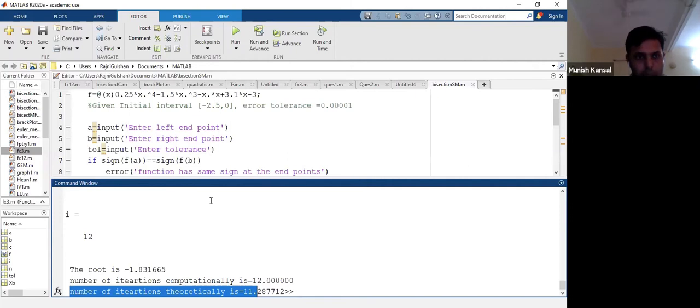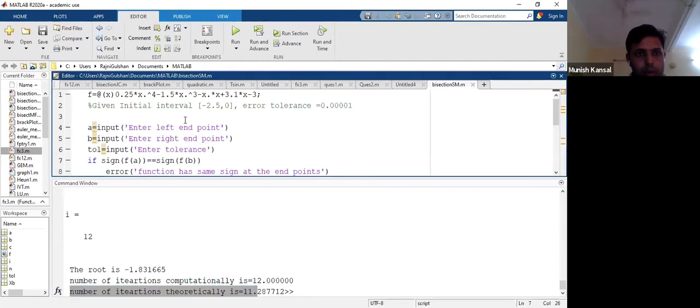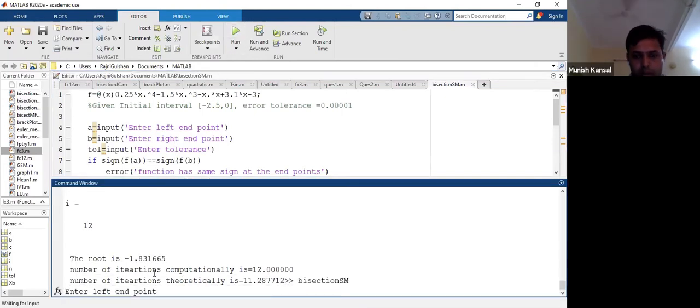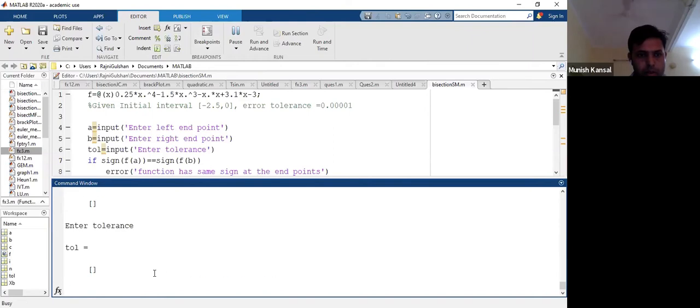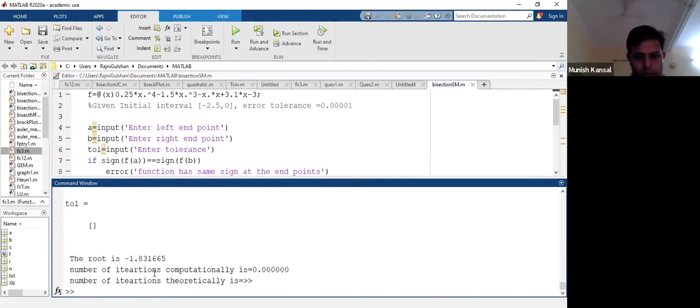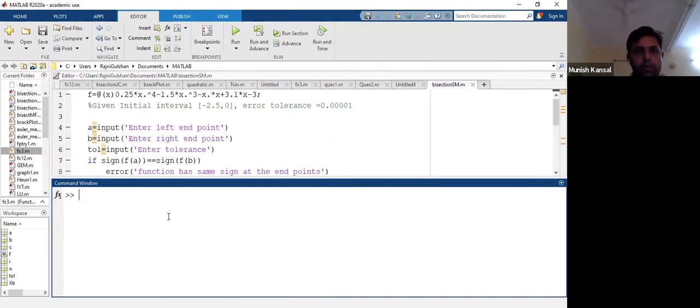So let me show you another interval. Let me first clear this command window. Now the question is the same. You can use the fplot command and plot the graph of this function. You can see that there is a root between minus 2.5 and 0 that we did in the previous lecture.